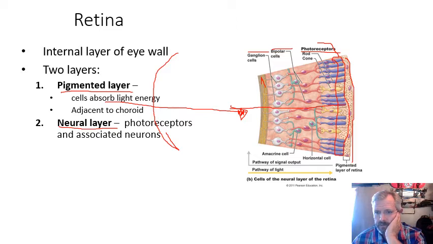So we actually have to run all the way through the neural layer to the back portion of the neural layer to get activation of the photoreceptors. Okay, once they get activated, we're going to transmit to the bipolar cells, then to the ganglion cells, and then the ganglion cells' axons are what become the beginning of the optic nerve. Okay, so light comes in this direction, the signaling pathway goes out in the other direction.